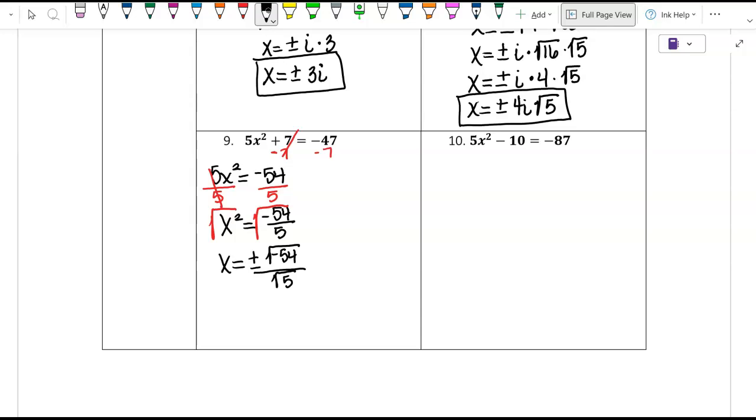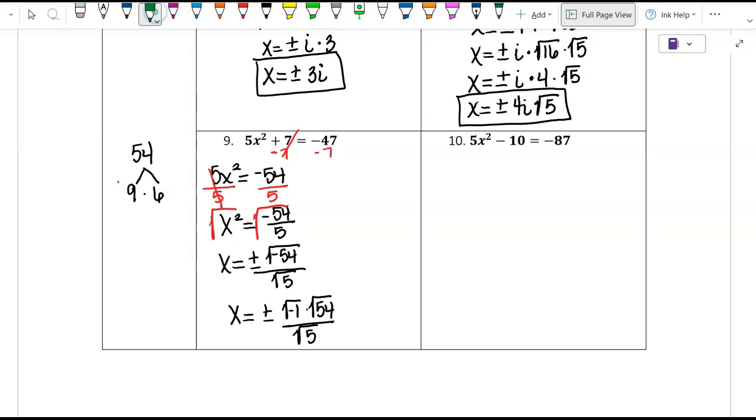Now, if I do a factor tree on 54, because really that's going to separate out to plus or minus the square root of negative 1 times the square root of 54 divided by the square root of 5. 54 does have a perfect square. It is 9 times 6.